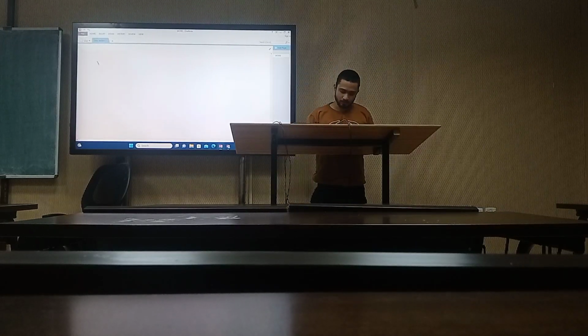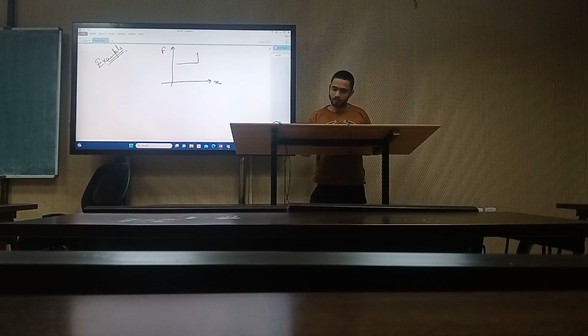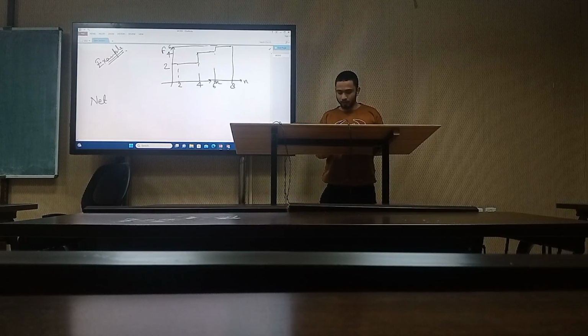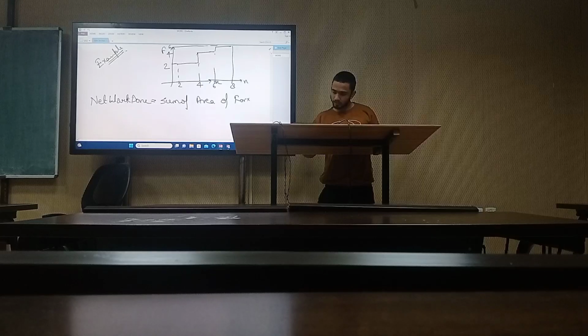Let's take one example. Suppose this is the graph of force versus displacement, with straight lines, and the values are 2, 4, 6 and 8. The net work done will be the sum of all the areas of the force versus displacement graph.